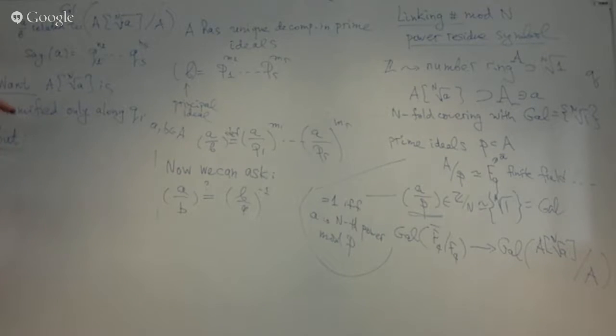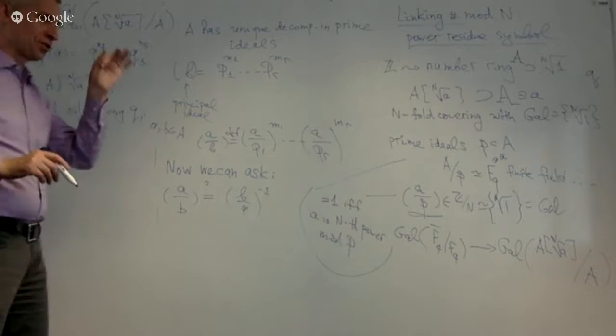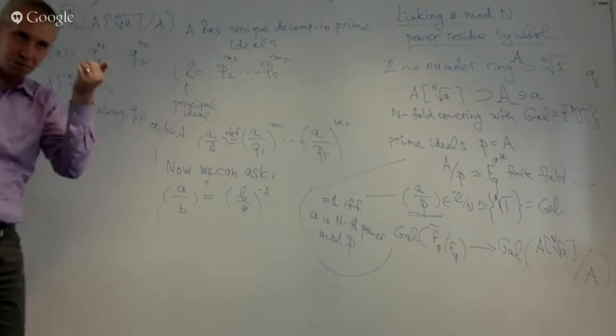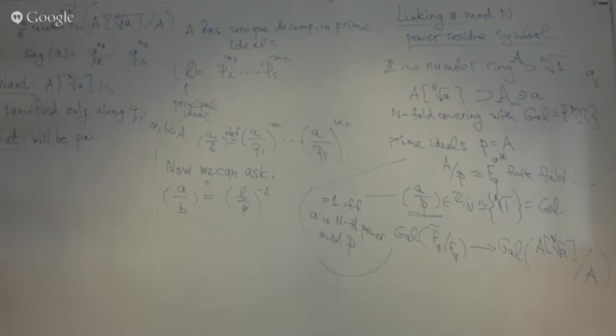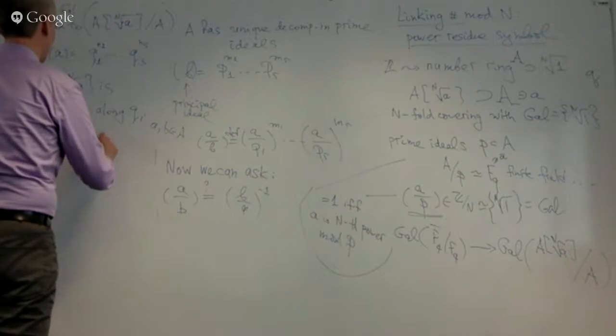There will be some parasitic ramification along prime divisors of n, for the same reason as for integers, where there was parasitic ramification at 2. If you take cubic roots, there will be ramification at some divisor of the number 3.